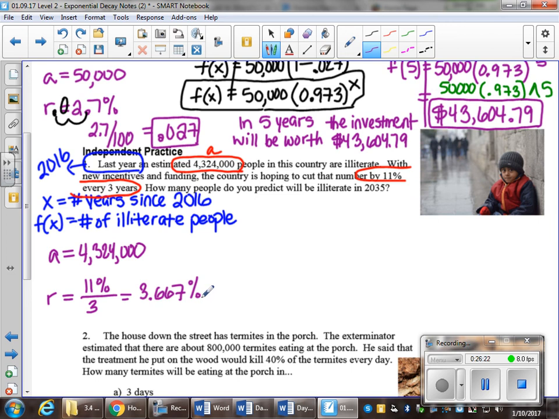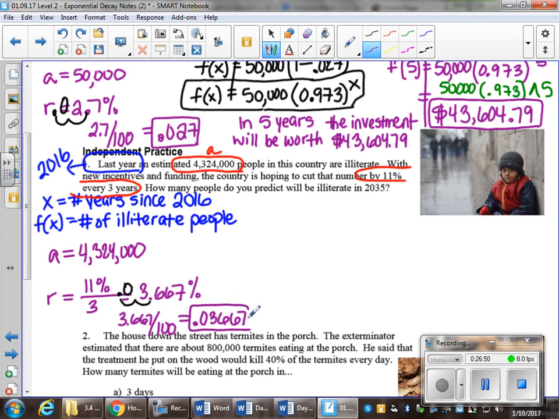But it's still a percent. I need a decimal. So you make a decision. You're either going to move your decimal place twice or divide. Either way, you're going to get the same answer. So if I move it twice, I get 0.03667. If I do 3.667 divided by 100, I still get 0.03667.